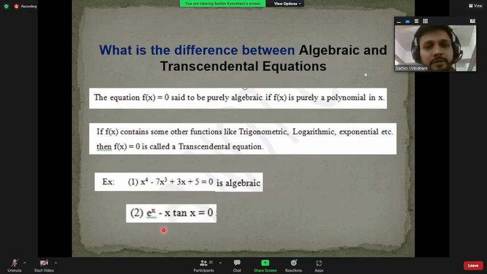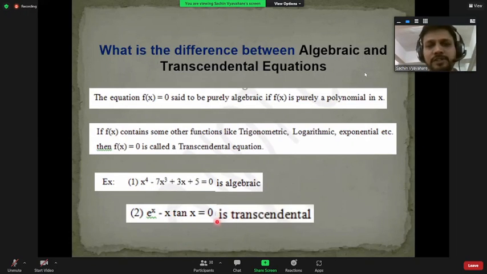Next, what about this equation? Is it algebraic? This equation is not algebraic. This is a transcendental equation as it contains exponential and trigonometric terms. So that is the second example.